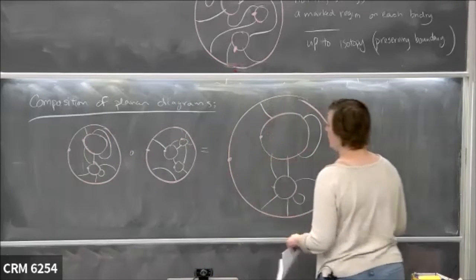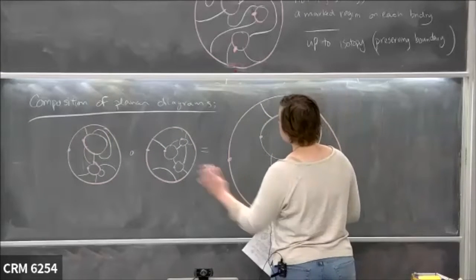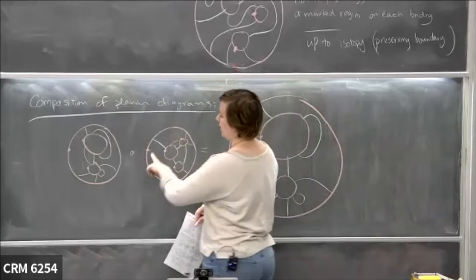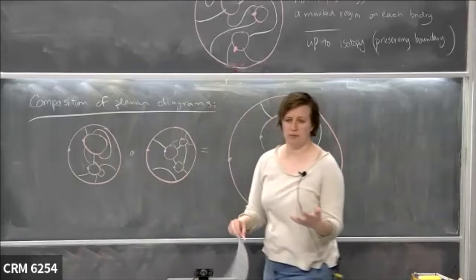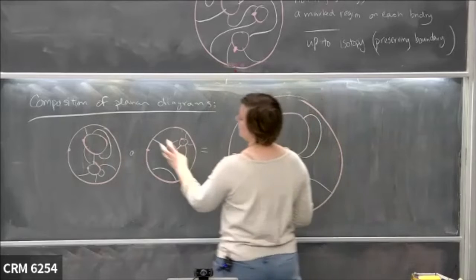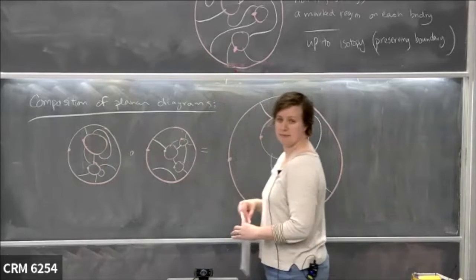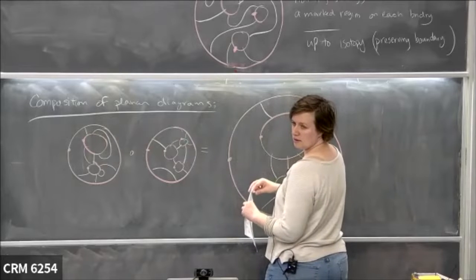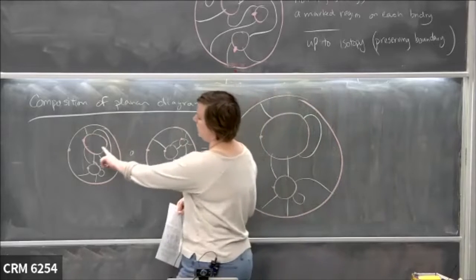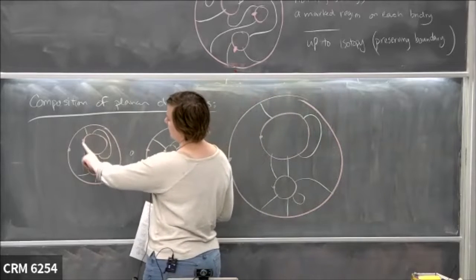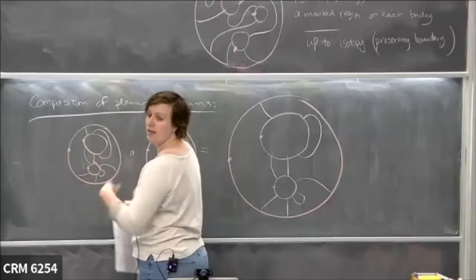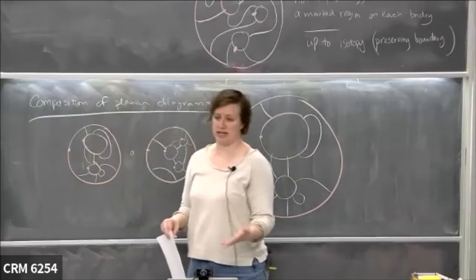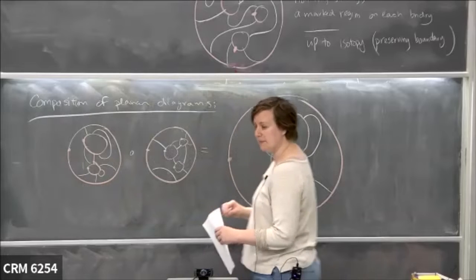The reason I have these marked points on the boundary is that otherwise it would be ambiguous how I should put this down. Good question. For this one, it's unambiguous because this one has 5 boundary points and this one has 7. If it is ambiguous, then you need to specify which one you're putting in.